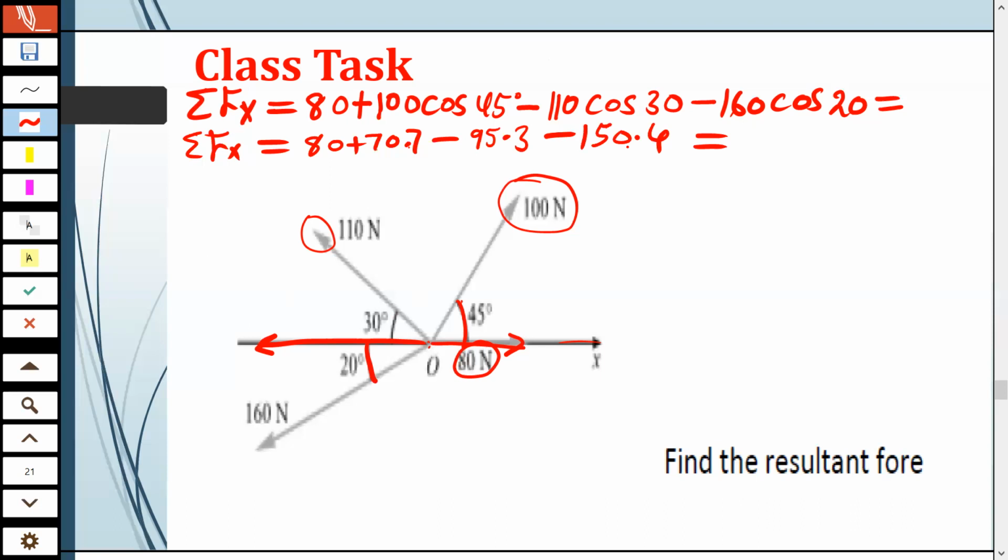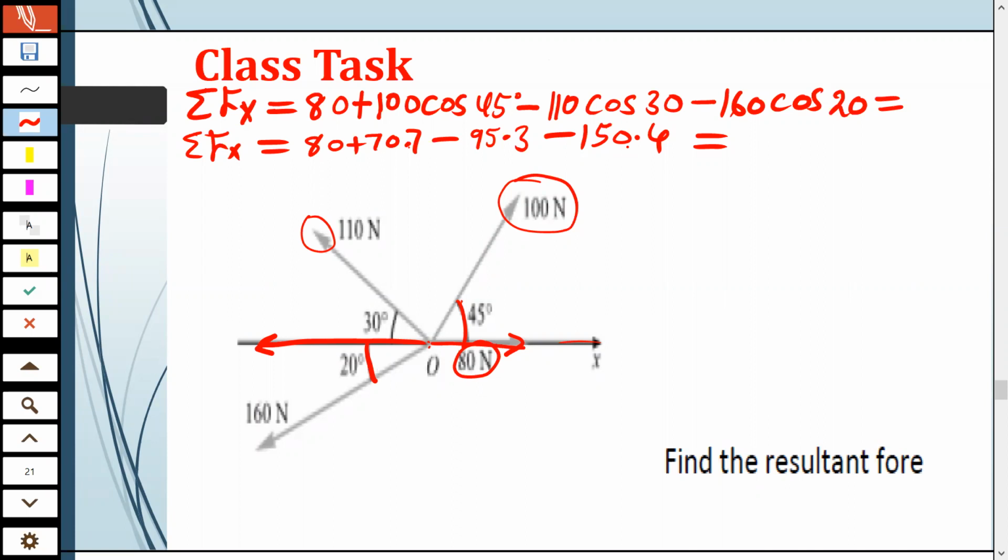So we have to add all that. So we have 8 then plus 70.7 minus 95.3, then minus 150.4. Okay, I've made a mistake. Let me redo it.